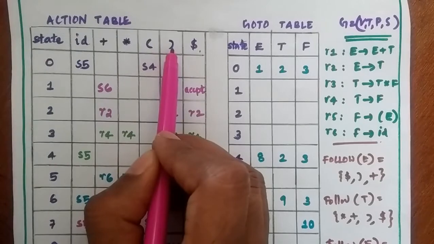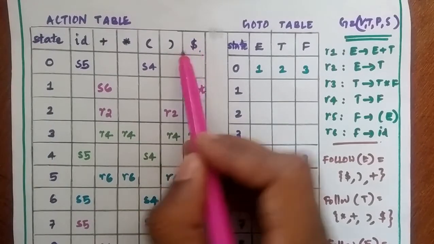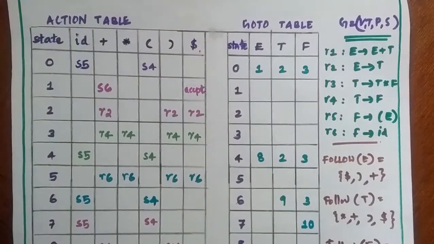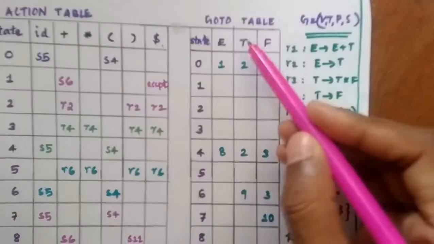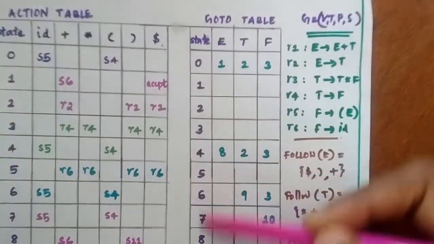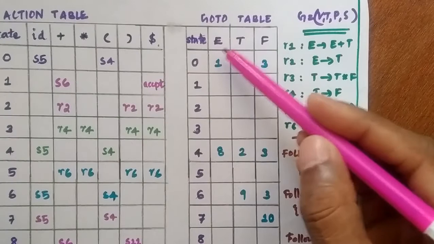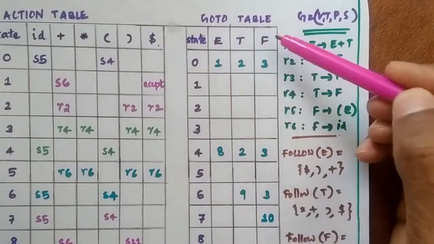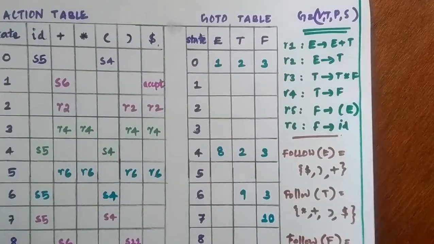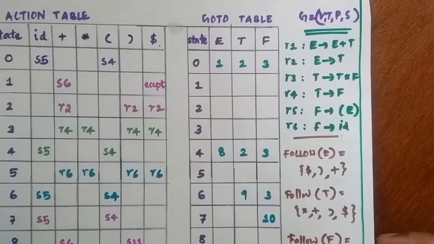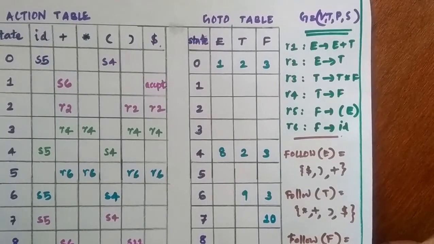Additionally, one more column is there for dollar. Then the right side is the goto table. Again the rows are identified by all 12 states, and the columns are identified by non-terminal symbols E, T, F. These are the three non-terminal symbols. And how to fill this table? We have the algorithm. Apply the algorithm properly, then you can fill it.